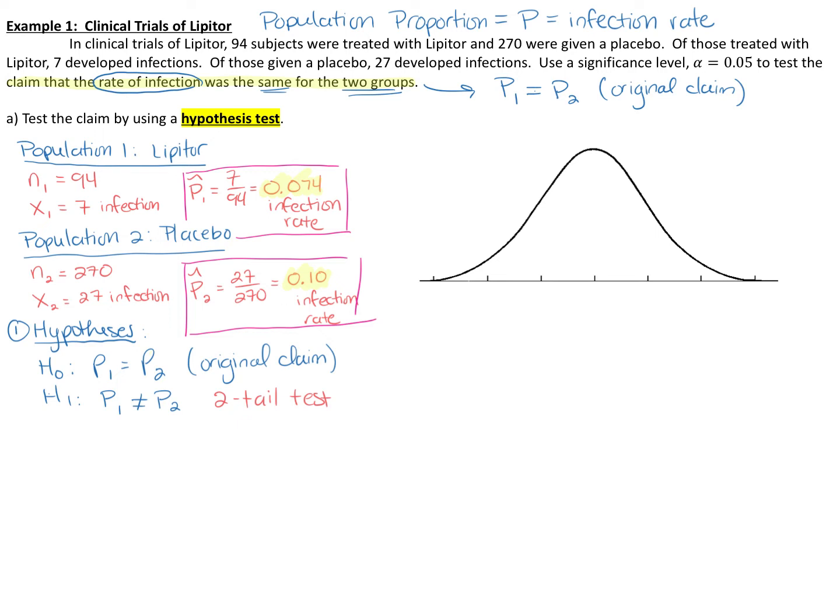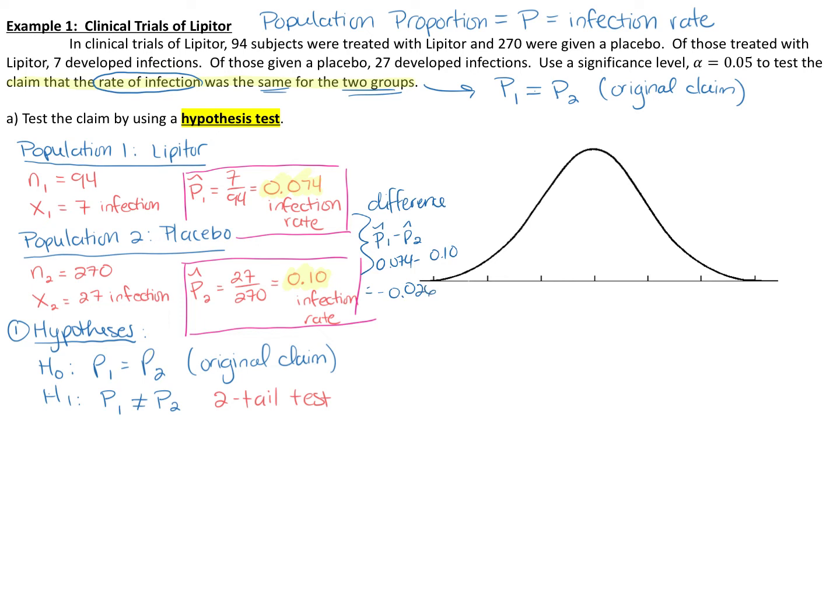In fact, if we calculate the difference, let me choose a different color marker here. The difference between those two sample proportions, p hat 1 minus p hat 2, is 0.074 minus 0.10, which gives me a difference of negative 0.026.